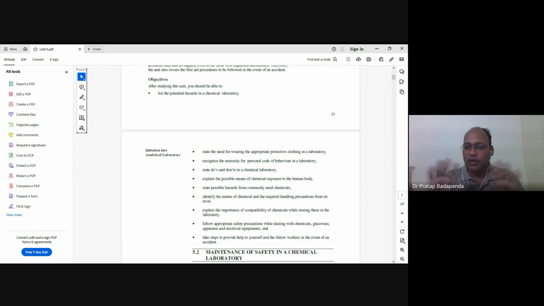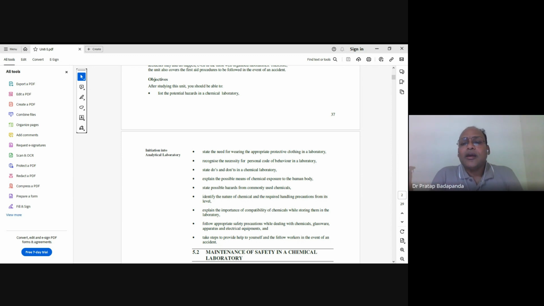A proper white cap, not any color cap. Then gloves. If you are using any kind of chemicals, particularly acids, you have to use gloves, right? That should be.